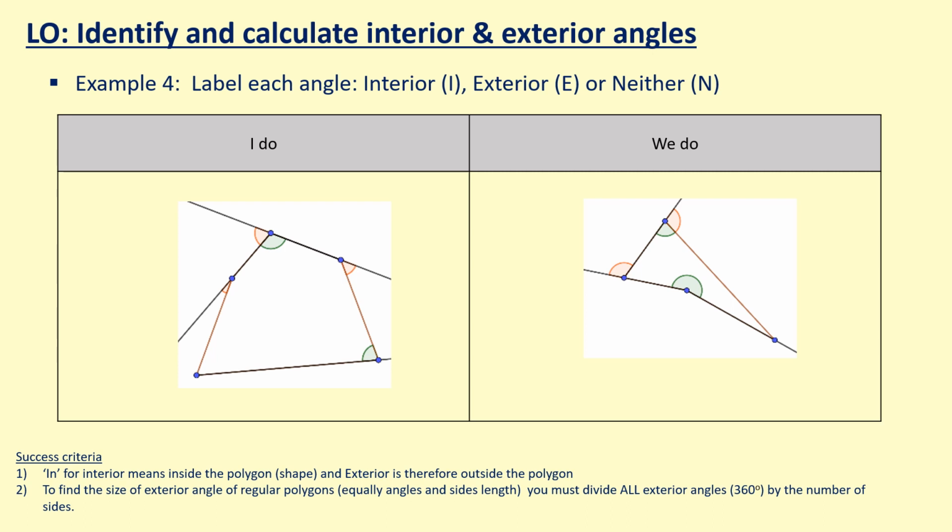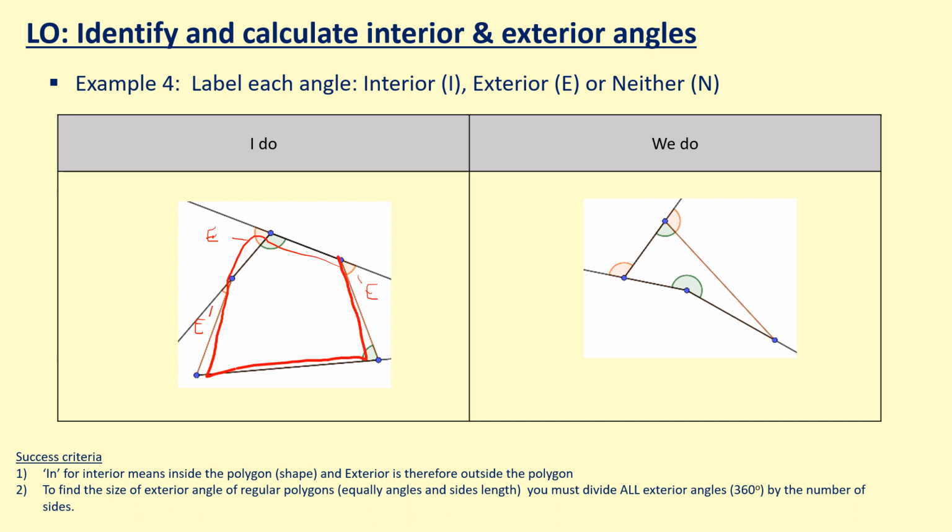We've got various lines and different sorts of shapes for our polygons. So on this I do, we've got an exterior angle here, an exterior angle here, an exterior angle here. So these are all exterior to the shape that I've just drawn.